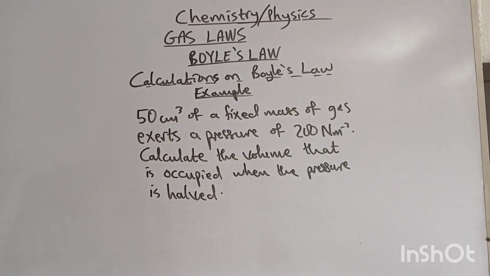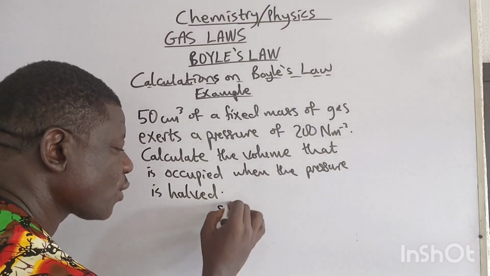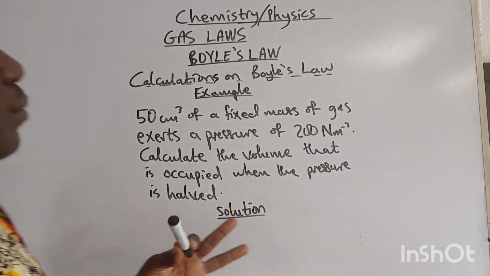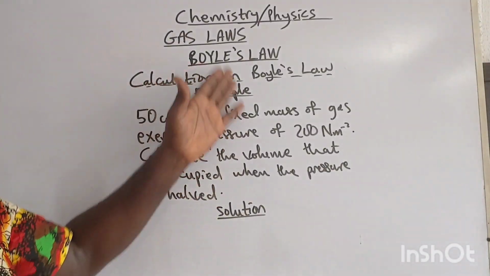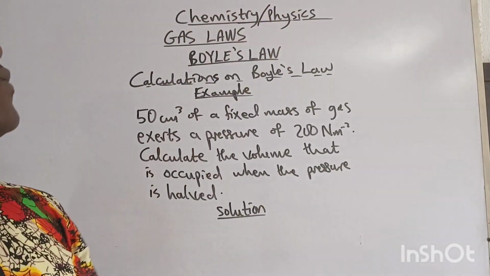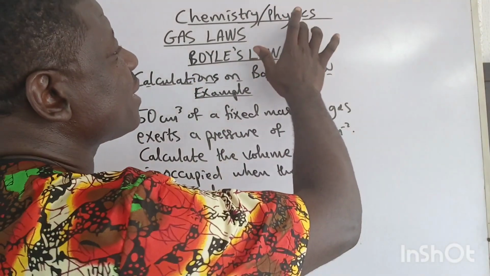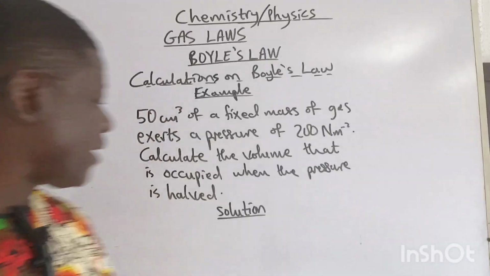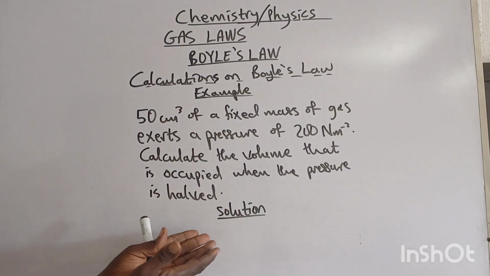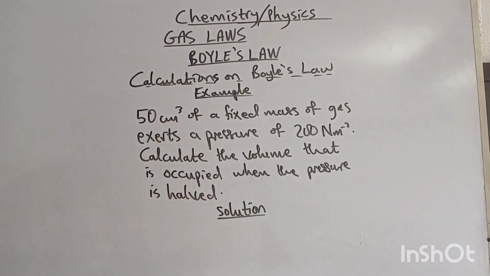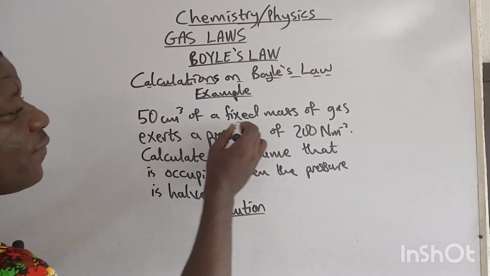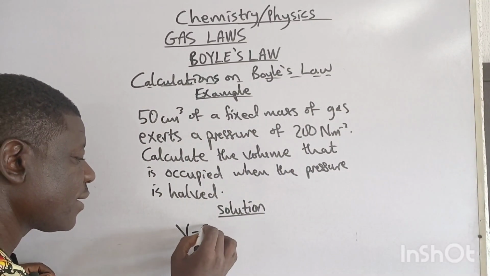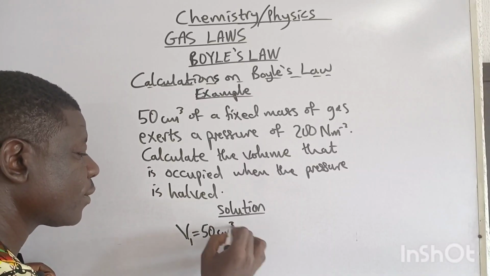Now, whenever I want to solve questions that involve calculations, it's advisable for us to bring out the parameters. Gas laws, we see them in chemistry, in physics. But in physics, we mostly talk about Boyle's law, Charles' law, pressure law, and general gas law. Now, we'll bring out the parameters. 50 cm cube of a fixed mass of gas, that means V1, the initial volume, is 50 cm cube.